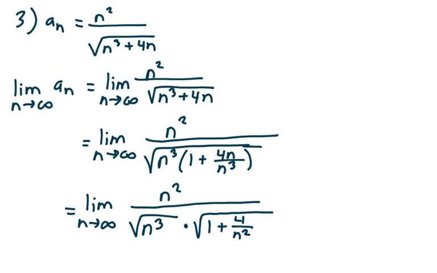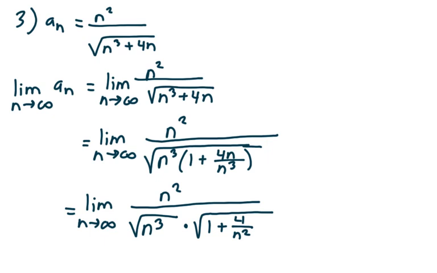Let's take a look at example 3. Suppose a sub n is equal to n squared divided by the square root of n to the third plus 4n. The limit as n goes to infinity of a sub n is equal to the limit as n goes to infinity of n squared divided by the square root of n cubed plus 4n.